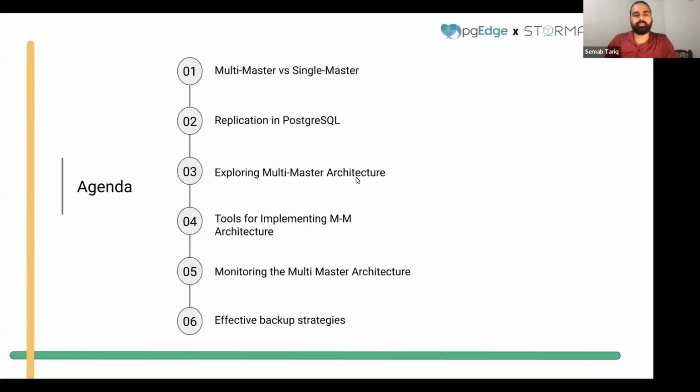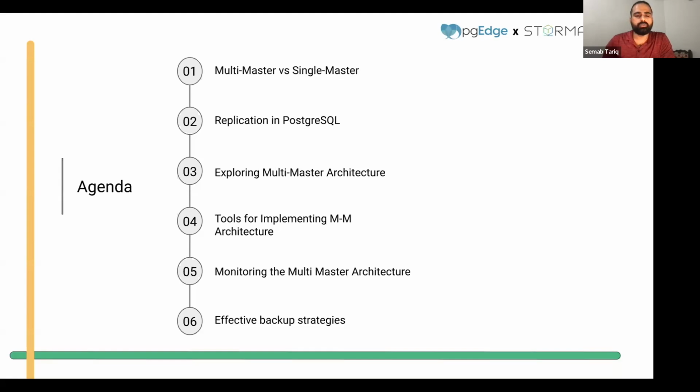So this is an agenda of what we are going to talk about in today's session. First of all, we are going to cover key differences between multi-master versus single master architecture. Then we are going to talk about the main methods available in Postgres in terms of replication. Then we are going to explore more about multi-master architecture.